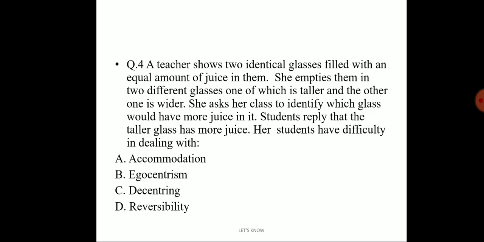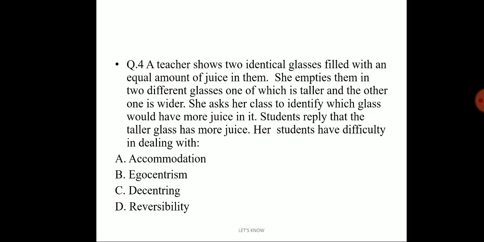First option, accommodation. It means that when we receive some schema or pocket of knowledge, we simply acquire it, which is assimilation. And by assimilating, we can change our previous concept.